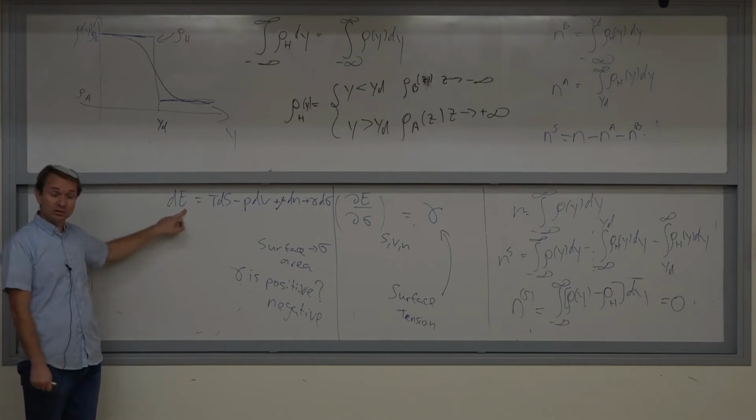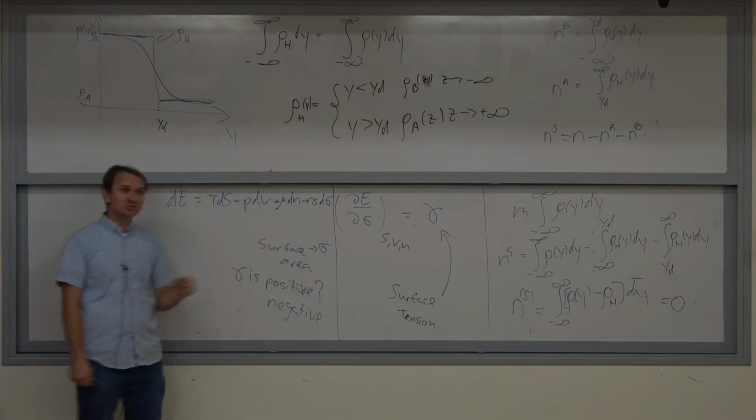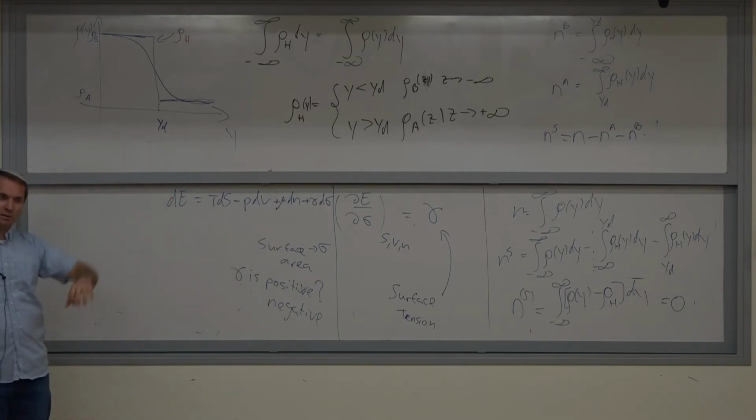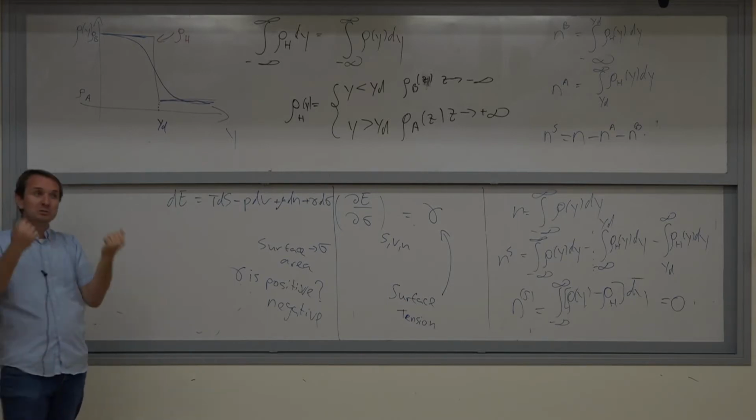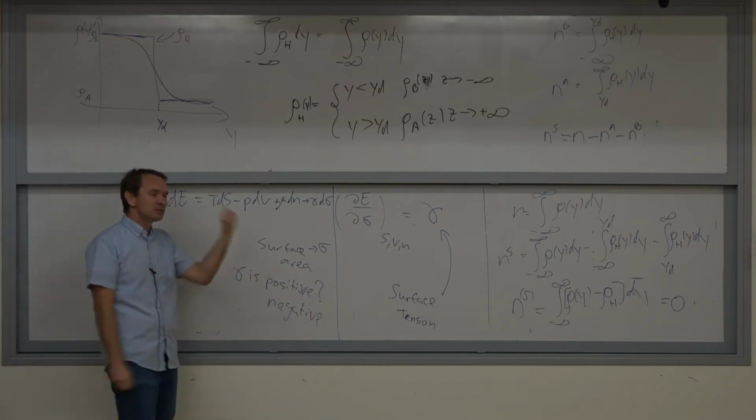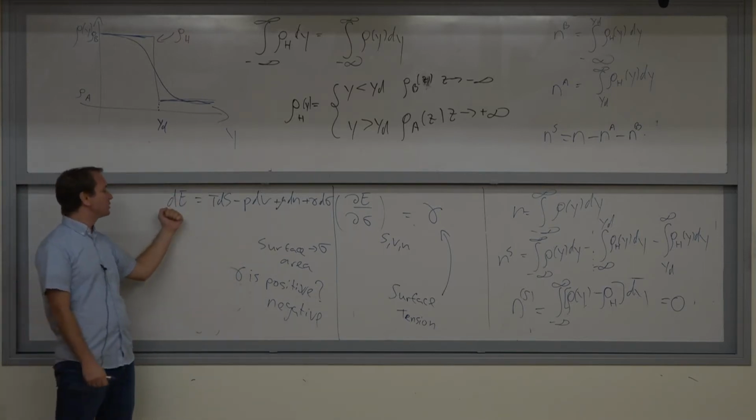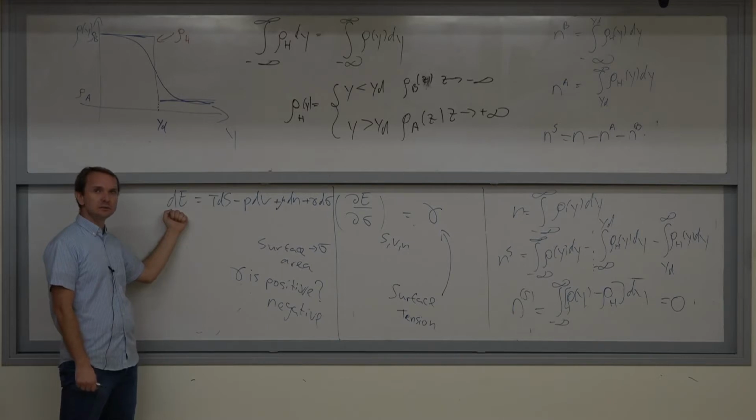So it's actually good to increase the surface. I will increase the surface a little bit more, it will decrease the energy. Well, it's very good, the system will go in this direction. So we'll increase the surface area a little bit more, and a little bit more, and a little bit more. By increasing the surface area, I am decreasing the total energy of the system if gamma is negative.